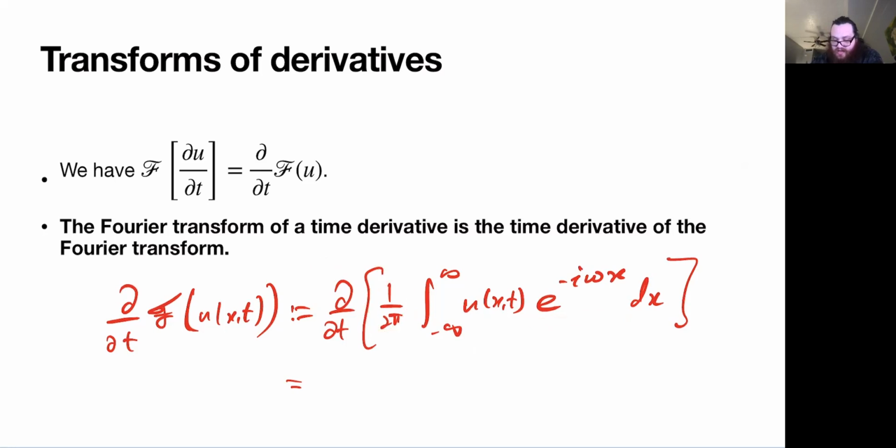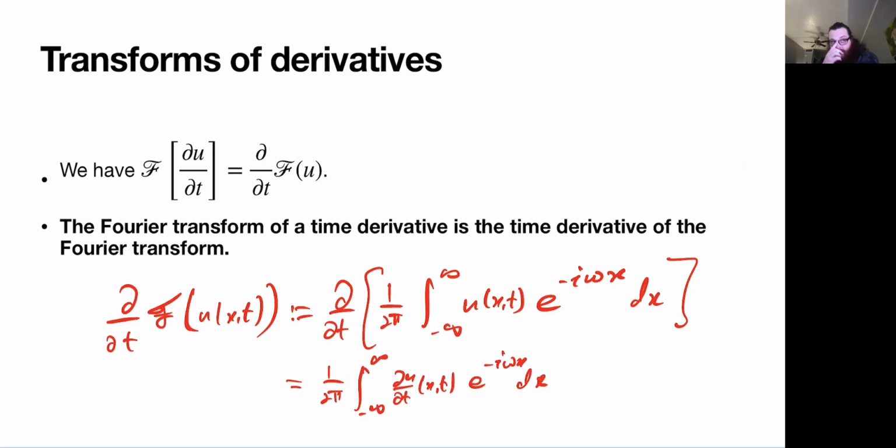The exponential doesn't depend on t. The only thing that depends on t is in the u bit. So we move this derivative inside the integration to get 1 over 2 pi integral from minus infinity to infinity of the time derivative of u at x comma t, times e to the minus i omega x dx.